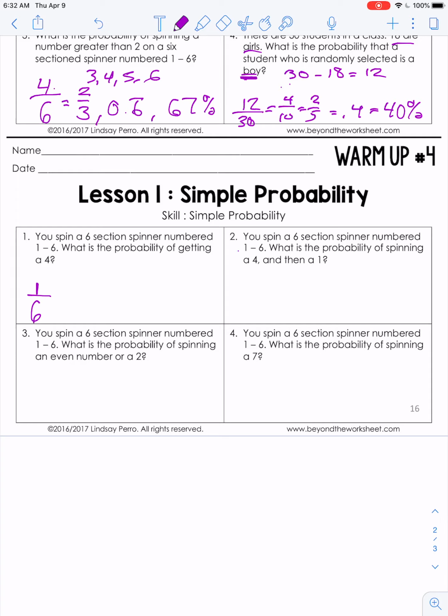You spin a 6-section spinner numbered 1 through 6. What is the probability of spinning a 4 and then a 1? So you would do 1/6 times 1/6, because that's a 2-step experiment. So you have to multiply. So you get 1/36.